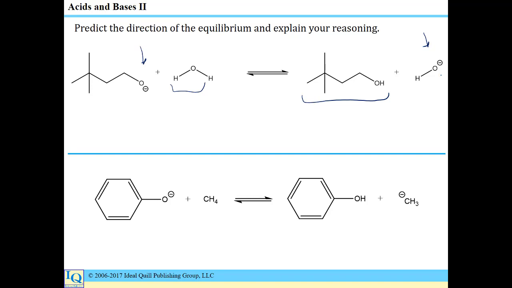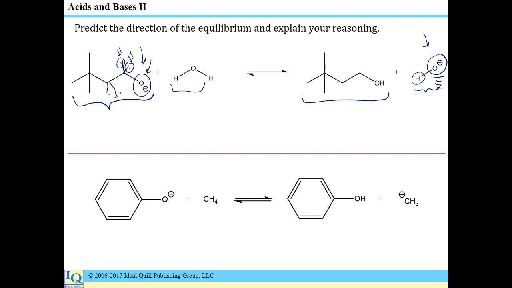And we can compare the stability of this hydroxide anion to the stability of this anion with an alkyl group coming off of it. Now, both of them have a minus charge on oxygen, and neither of them has any resonance, so we have to turn to inductive effects. This negative charge on oxygen in hydroxide is by a small hydrogen.